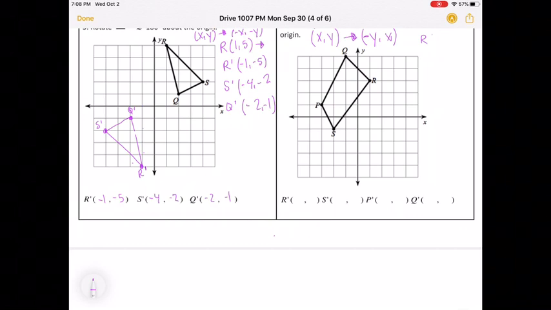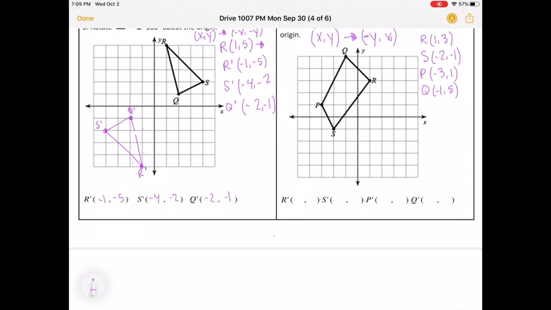Okay, you should have gotten R is (1, 3), S is (-2, -1), P is (-3, 1), and Q is (-1, 5). Okay, so I'm going to use that mapping rule up here. I'll start with R, and then we'll do like we did before. I'll do R, and you guys can do the others.